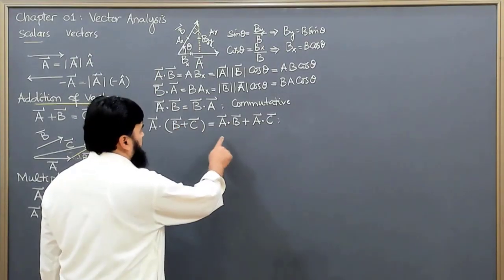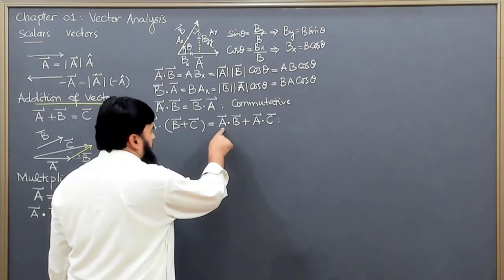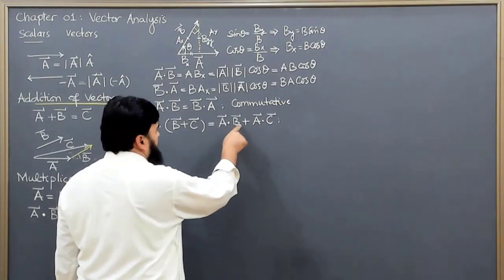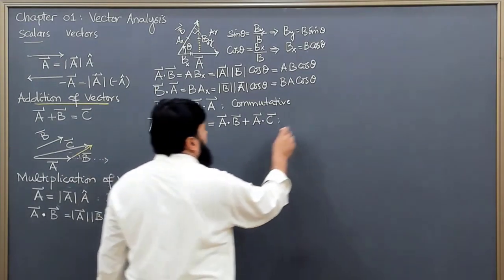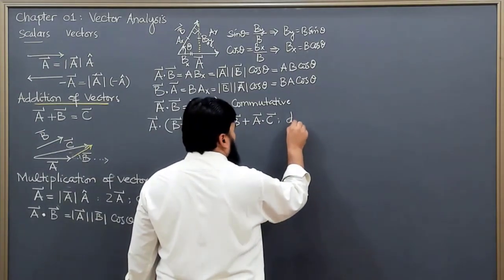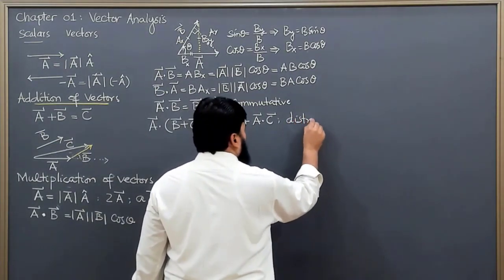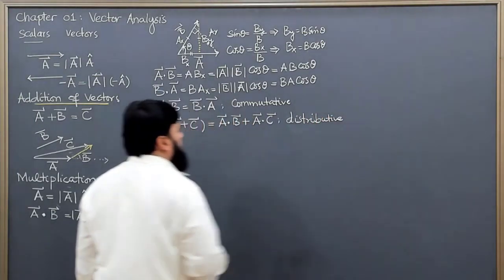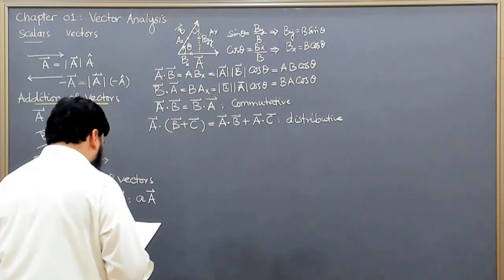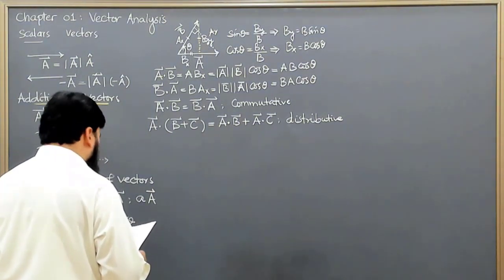As I see here, A is distributed with B and C. So I call this a distributive property. The dot product is distributive as well.